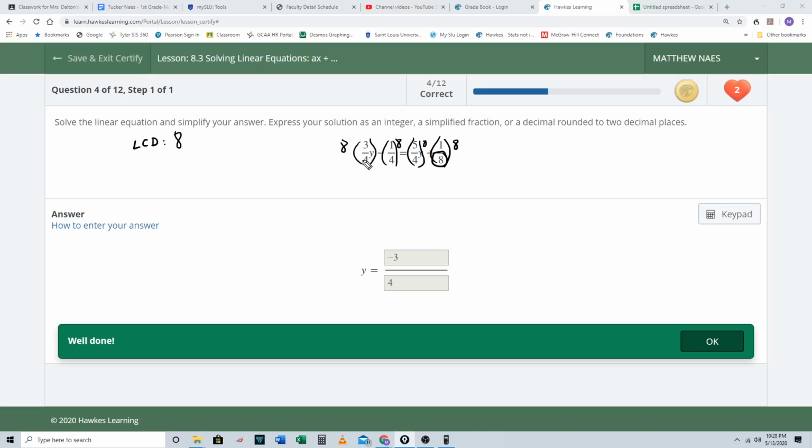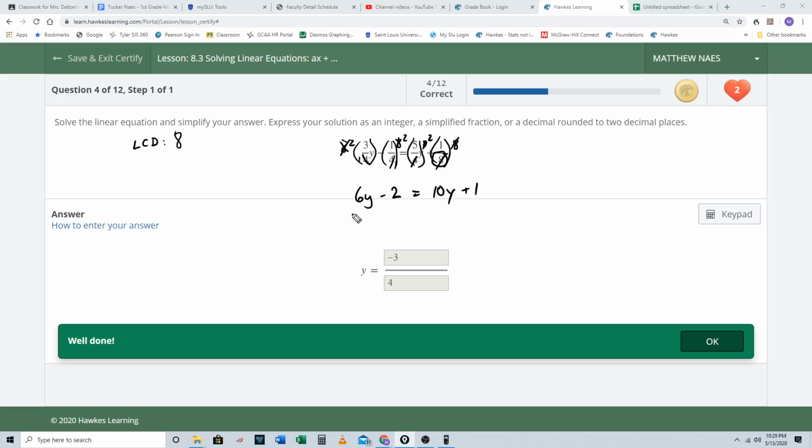Now, what's going to happen is the 4 and the 8 will cancel, giving you 1 and 2. So I have 2 times 3, so 6y. The 4 and 8 reduce again, minus 2 times 1, so 2. Equals, again, the 4 and the 8 reduced, 10y, plus 1.